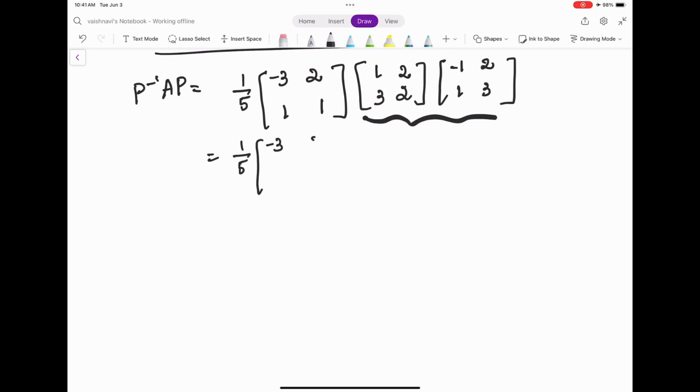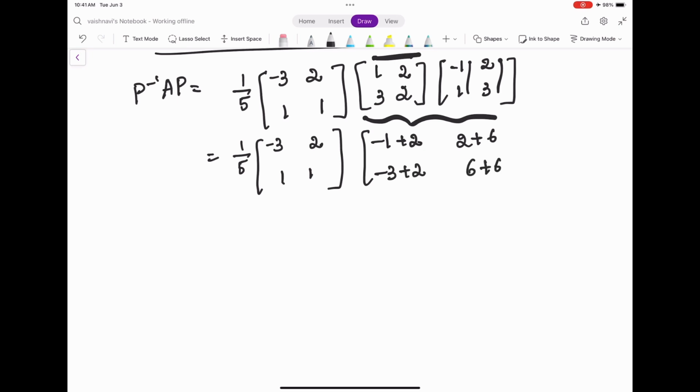So it is 1 by 5 times the matrix 3, 2, 1, 1. When I multiply, it's first row first column, first row second column, and it goes on, right? This is a basic matrix multiplication. So minus 1 plus 2, 2 plus 6, minus 3 plus 2, and 6 plus 6.